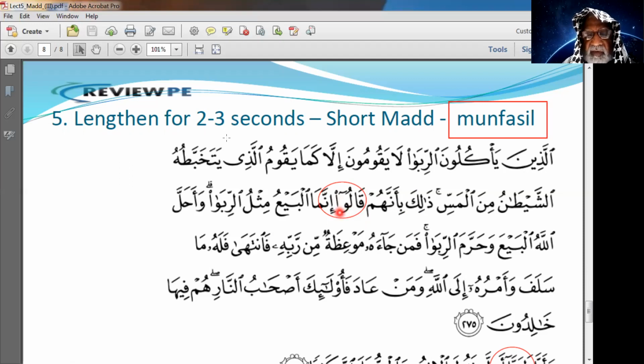This is only an ornament, if you want to call it that. This is not going to be pronounced. So we are not going to say kalua. No, this alif is not pronounced. Kalu innamal bay'u mithlu riba.